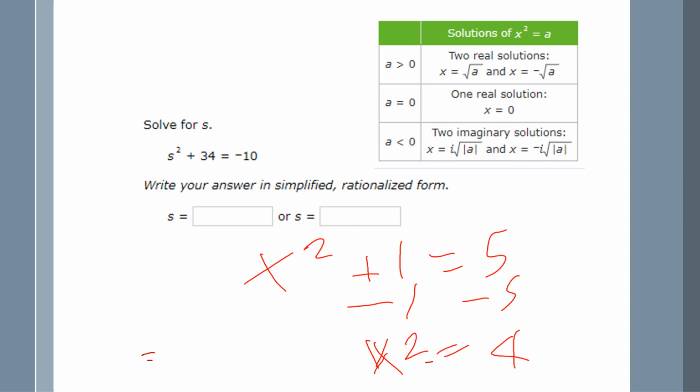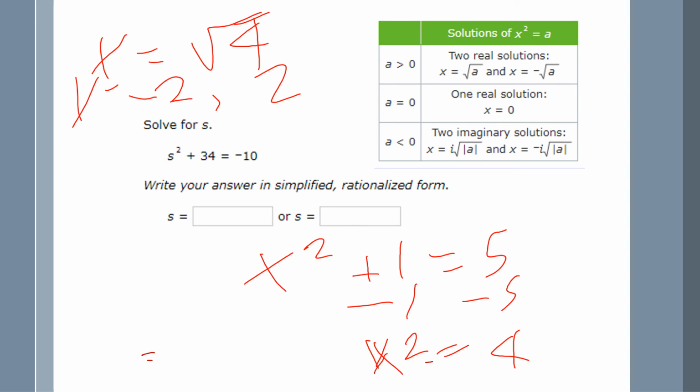Well, we realize that I end up with a positive number, and when I take the square root to undo it, I get x is equal to the square root of 4, and because it's positive 4, you're going to get two solutions: positive 2 and negative 2.